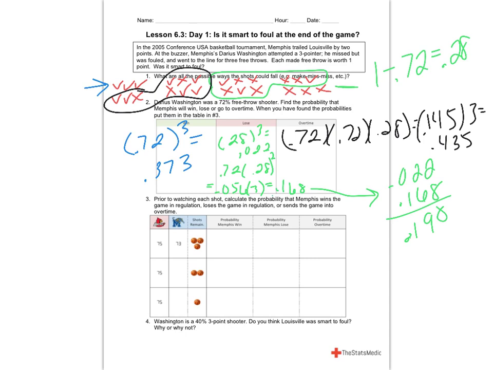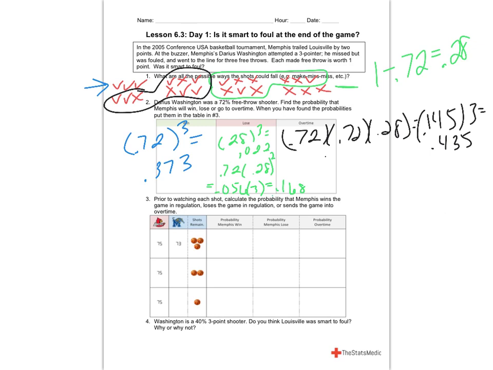The official formula for how you would calculate that is on your formula chart, and we're going to break it down a little bit right now to look at what's happening with that formula. The formula looks super crazy. It says if x has a binomial distribution with the parameters n and p, and then it gives you all the awesomeness that is your formula.